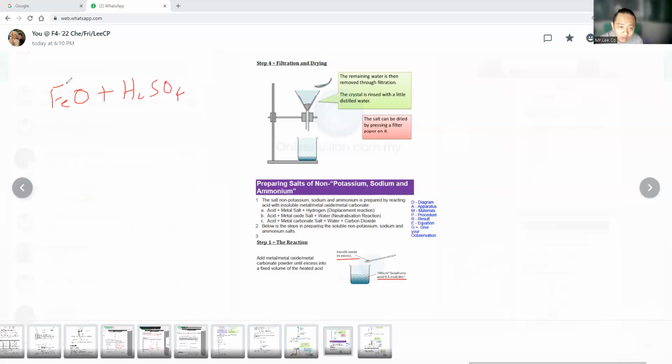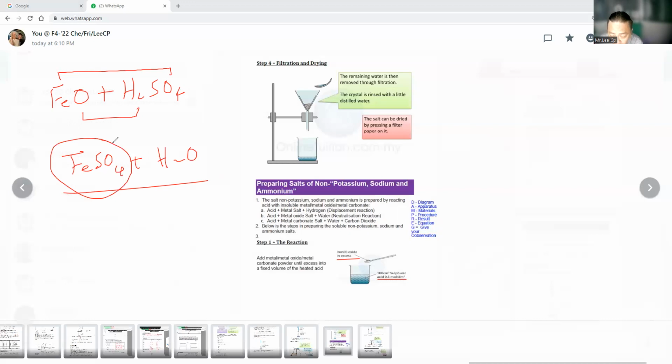So it is a metal oxide, and you need to balance the equation. You are going to get iron sulfate and water.